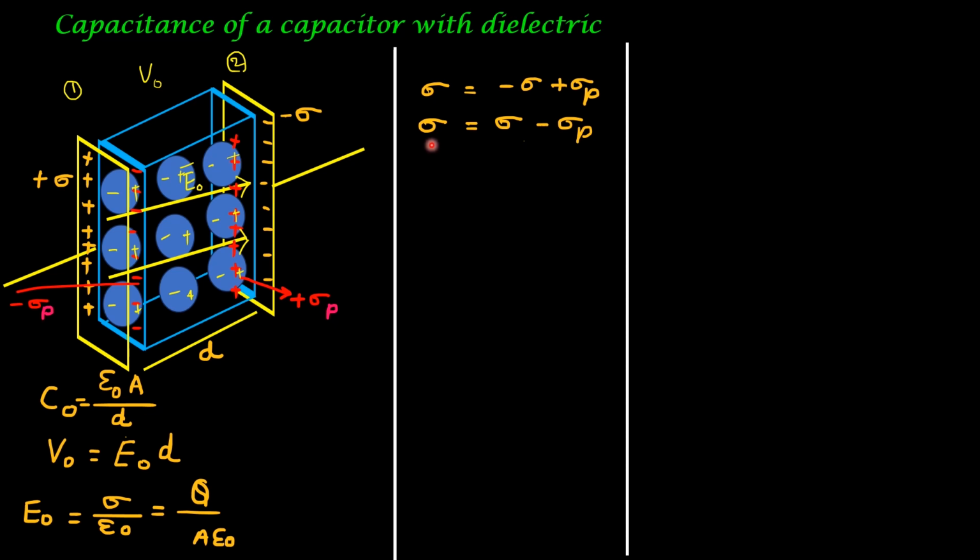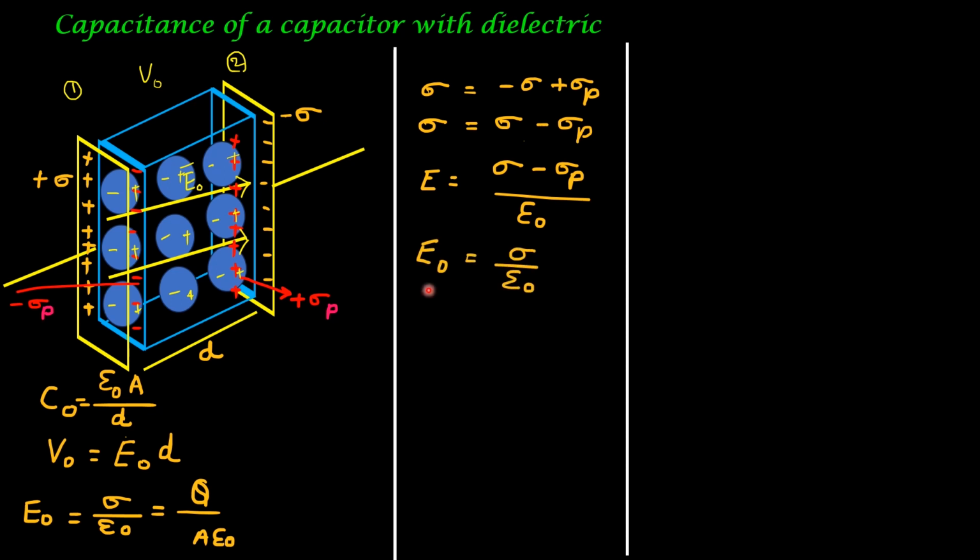The magnitude of sigma is the same. The magnitude of sigma P also is the same. Their sign only changes. So for further derivation, we can choose any one of these charge density expressions. We will choose the second one. We will see the expression for electric field with the dielectric in the medium.